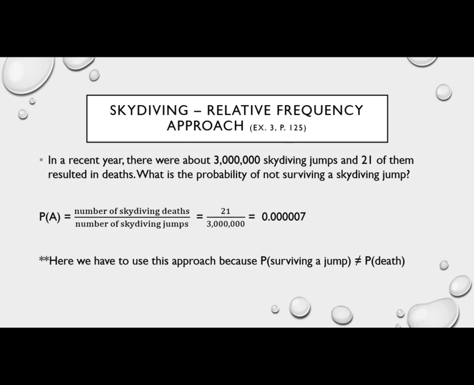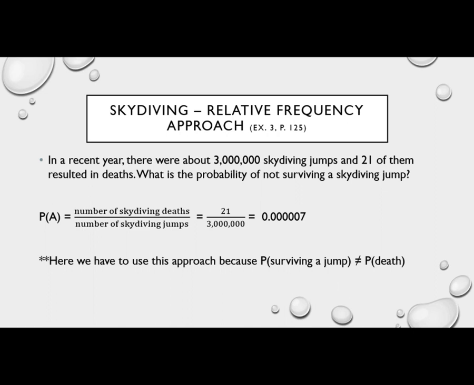All right, let's look. I kind of flipped around the example, so we're on example 3, page 125, skydiving. In a recent year, there were about 3 million skydiving jumps, and 21 of them resulted in deaths. What is the probability of not surviving a skydiving jump?